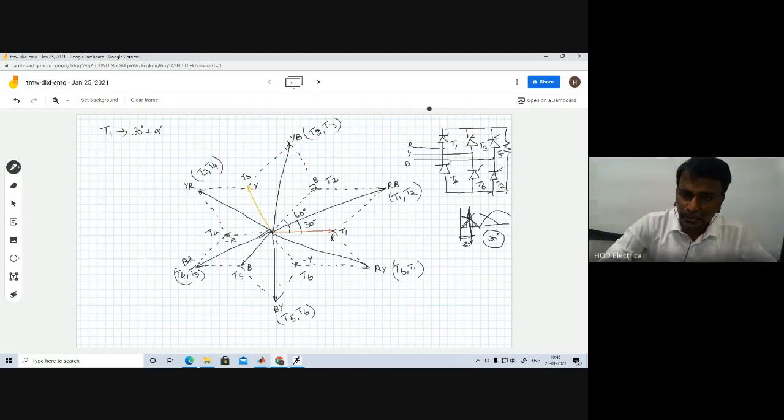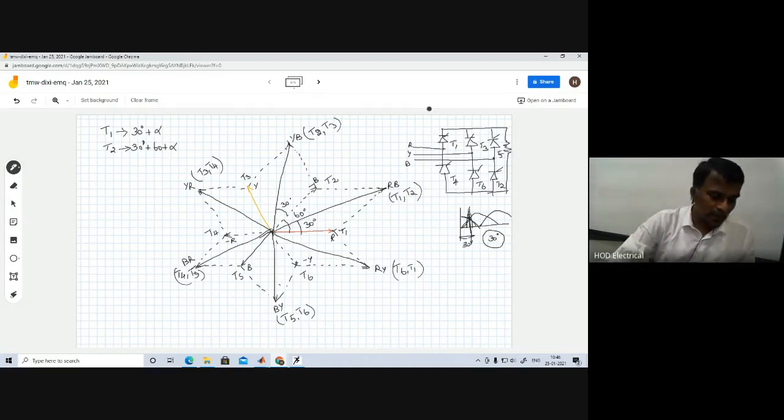Then T2, when it will conduct, this is the T2 region, line voltage T2 region, 60 plus 30 degree. So 30 degree is common plus 60 plus alpha, thyristor T2 will conduct.